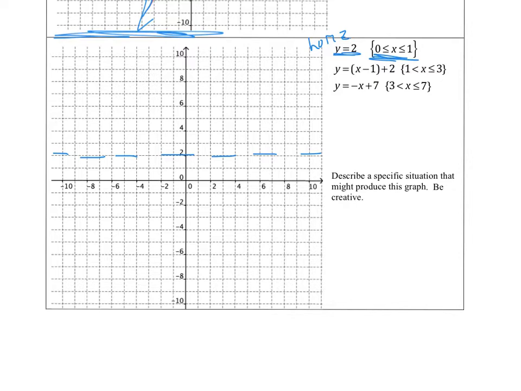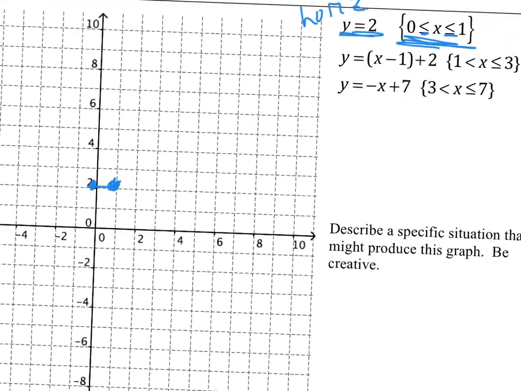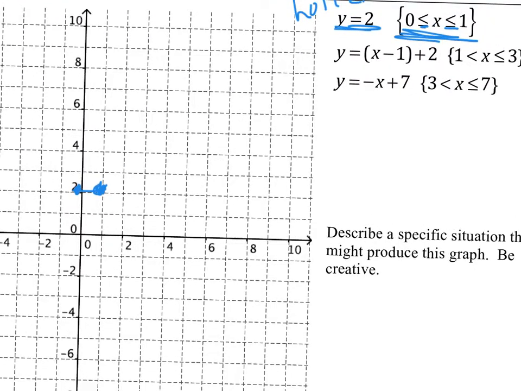So we're going to start at 0 and go to 1, and nothing else matters. I use two closed circles because those are both equal to, and I'm going to erase everything else. So I have this tiny little segment in here. I'm going to zoom in so it looks bigger. And that's really all we're talking about for that first piece.